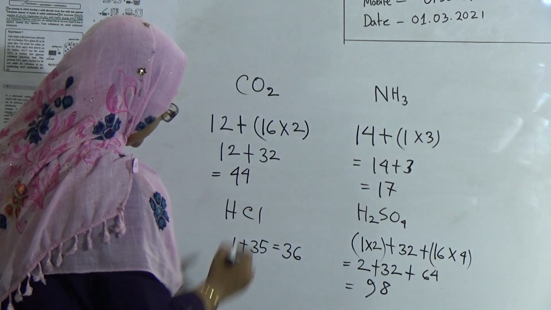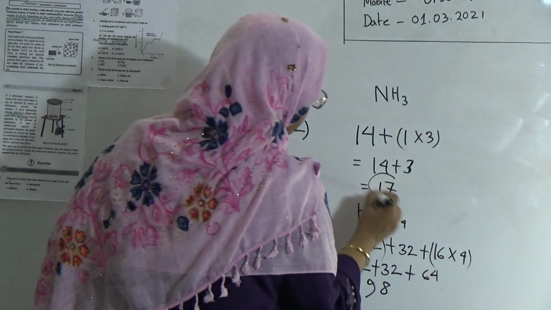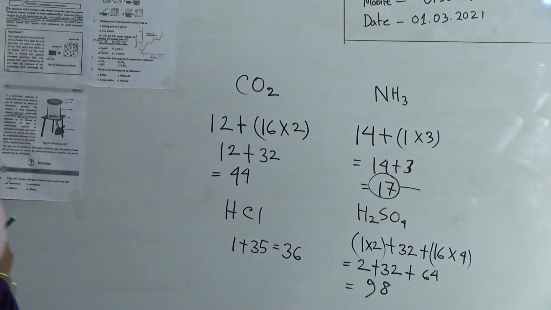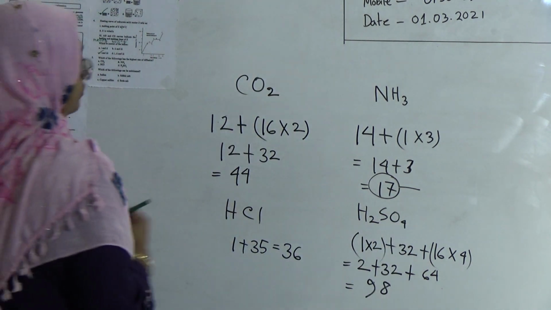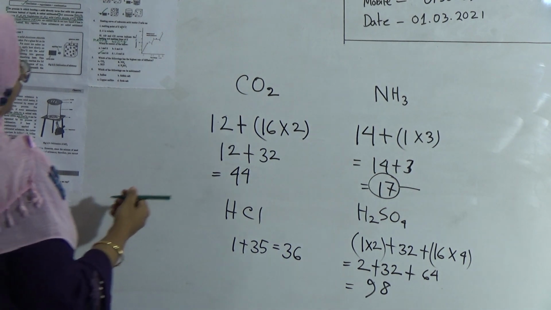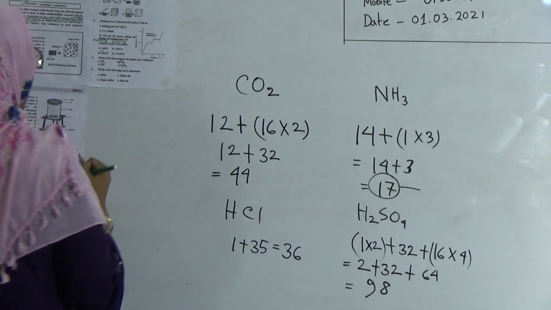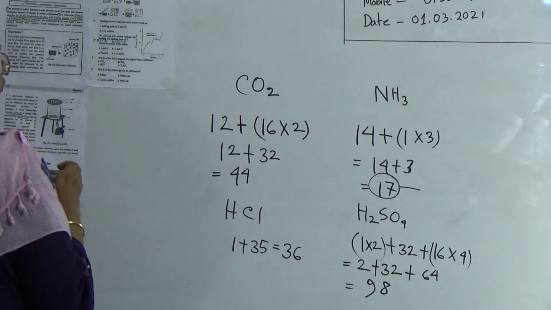Then we look at the mass; ammonia is the lowest. We know that the rate is inversely related to the weight, so it will be ammonia. Ammonia diffusion rate will be highest.